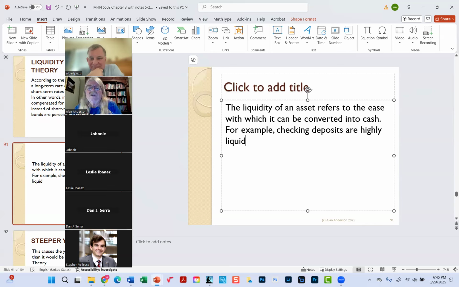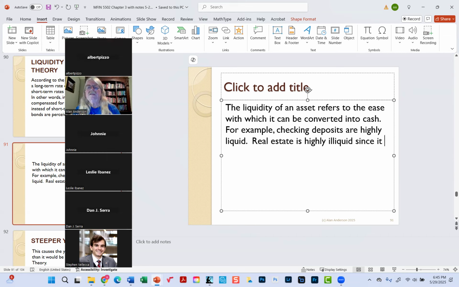So checking deposits are highly liquid, whereas assets like real estate are highly illiquid, since it is time consuming and expensive in terms of transaction costs to sell real estate. So you don't want to keep all your money in illiquid assets. Let's put it that way.